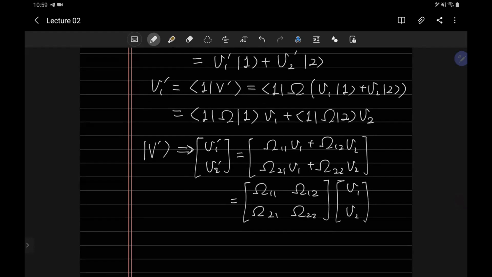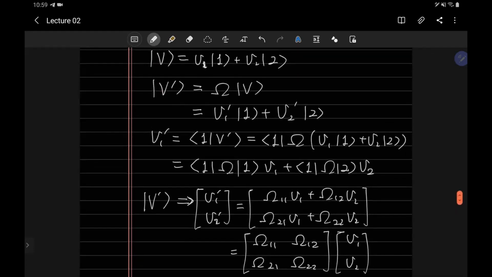So the point is now, we know that any of these abstract vectors can always be expanded in terms of the basis, and then those vector components for this specific basis can be written, if we write those vector components in the form of a column vector.